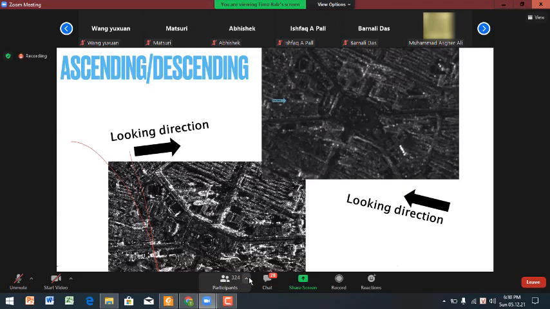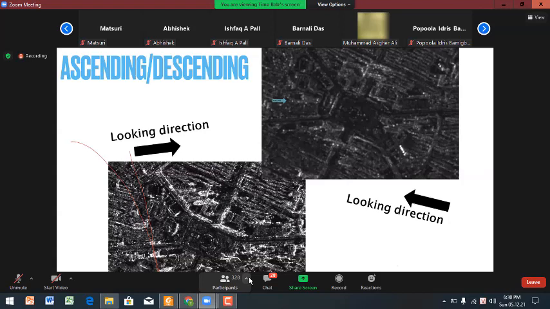Now, that is the layover effect, but this effect makes it very difficult for you to interpret and understand SAR images. If you have a dense urban area, like here with lots of high-rise buildings, it's difficult to understand. We see the buildings, and we can understand that is a high-rise building here. But for example, we don't see anything that is in front of the building because of the layover.